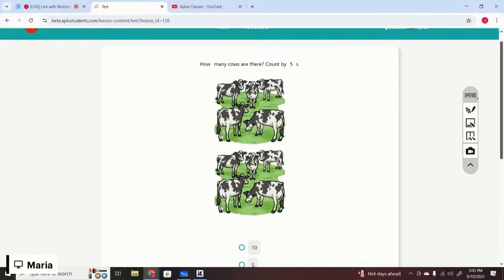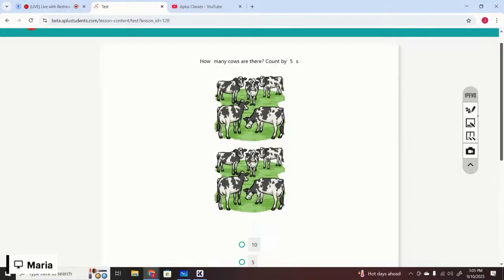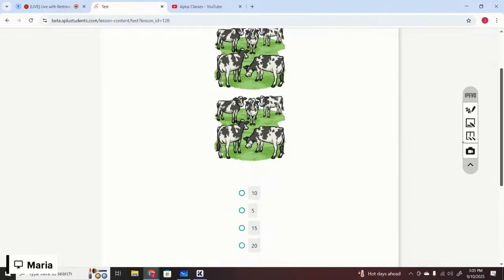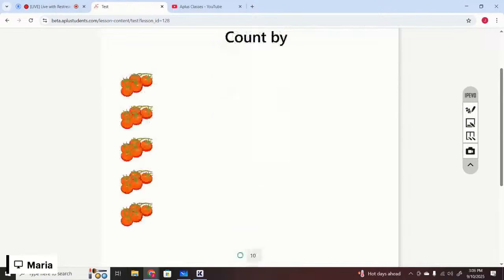How many cows are there? We need to skip count by 5. So 5, 10. We have 10 cows. The correct option is 10. Option number 1 is the correct option.